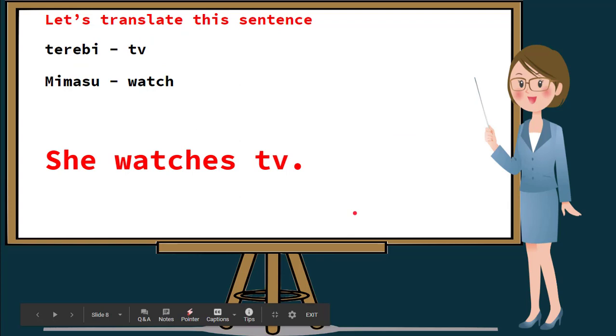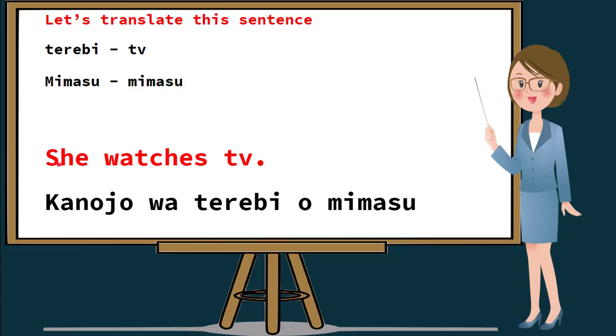Let's try to translate another sentence. She watches TV. We will be using these examples. Terebi, which means TV, and mimasu, which means watch. Again, I'll be giving you 5 seconds to translate this sentence in Nihongo. She watches TV. Very good. She watches TV in Nihongo is Kanojo wa terebi o mimasu.